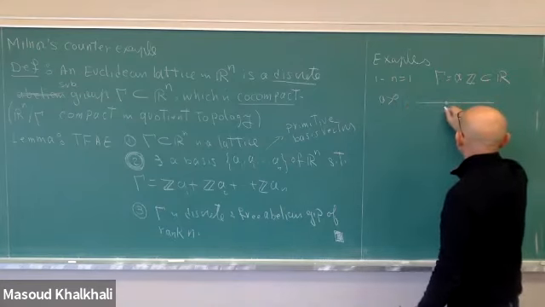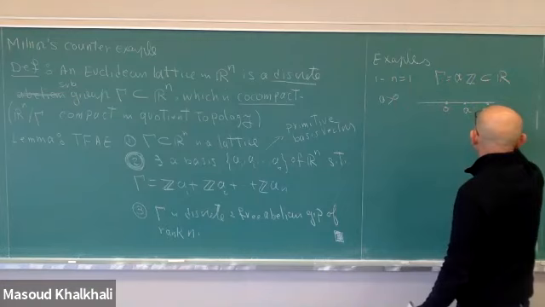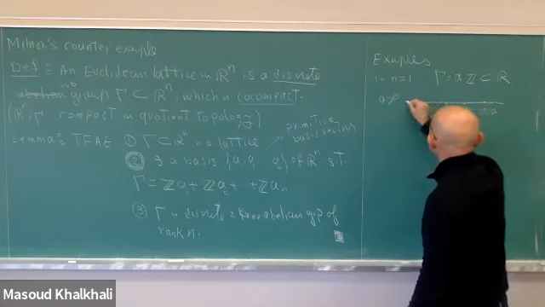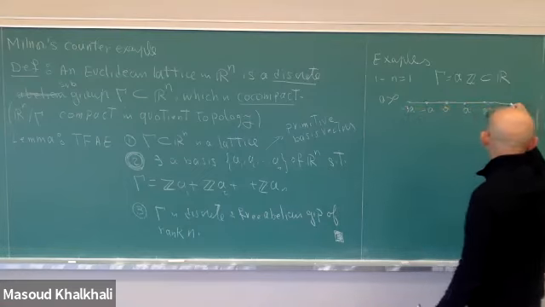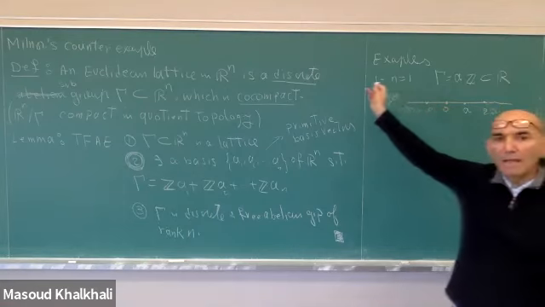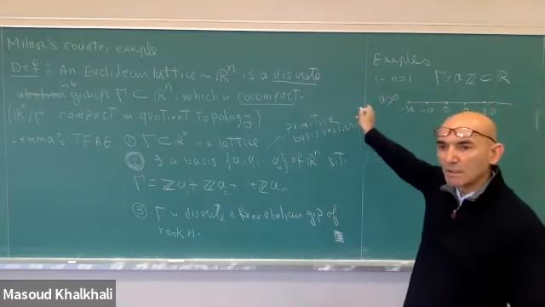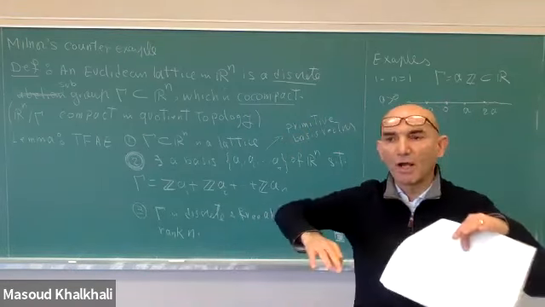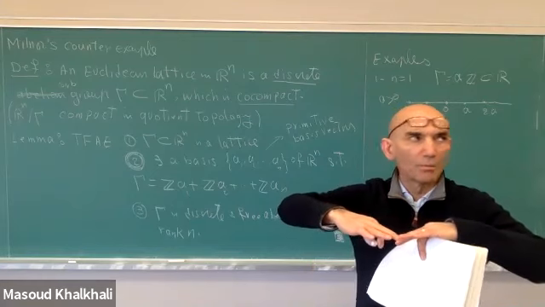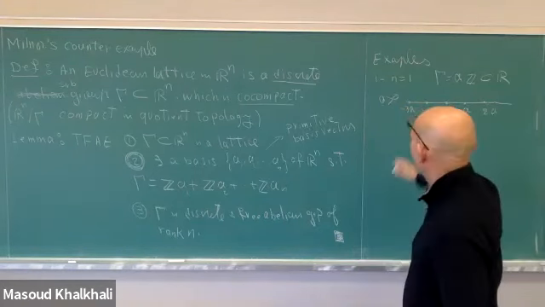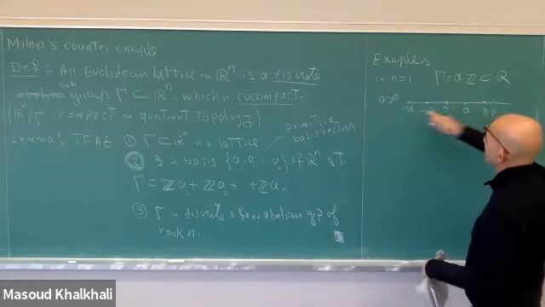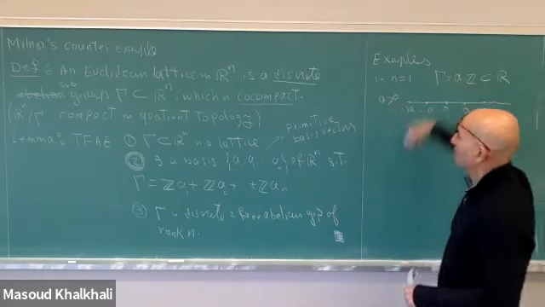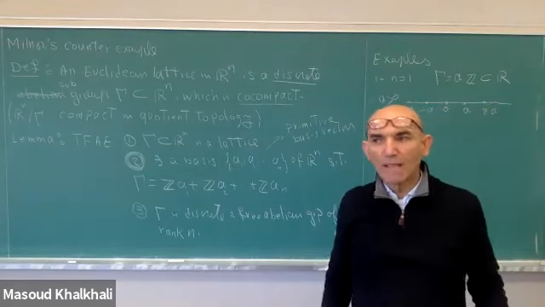So this is 0, this is A, this is 2A, and this is minus A, and so on. Basically, any one-dimensional lattice is of this form. And in the sense of isometries of lattices, which I did not define, but intuitively you know what it means, two such lattices are isometric if and only if the corresponding A's, which are positive, are the same. So we know everything about one-dimensional lattices in this sense.